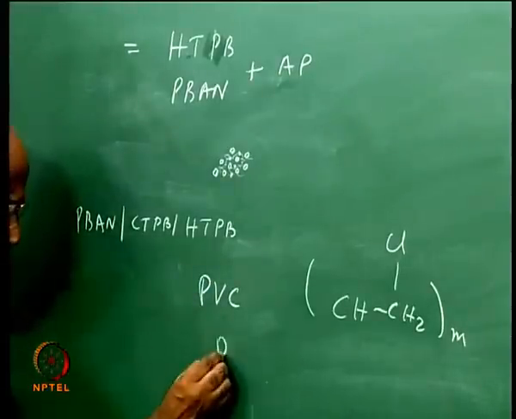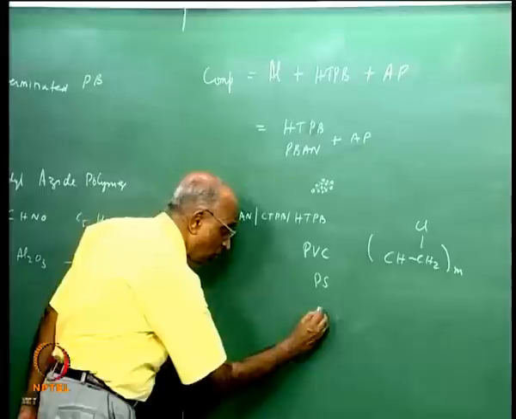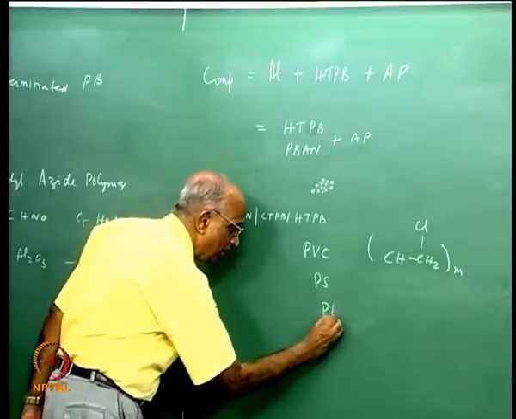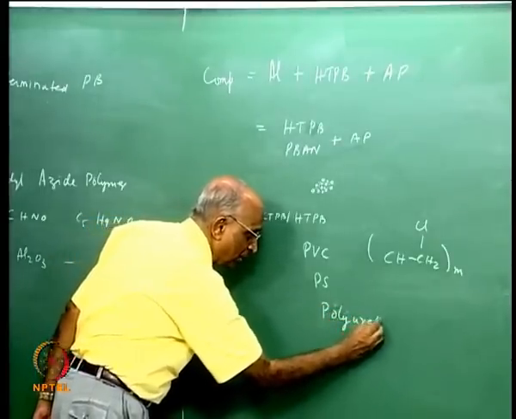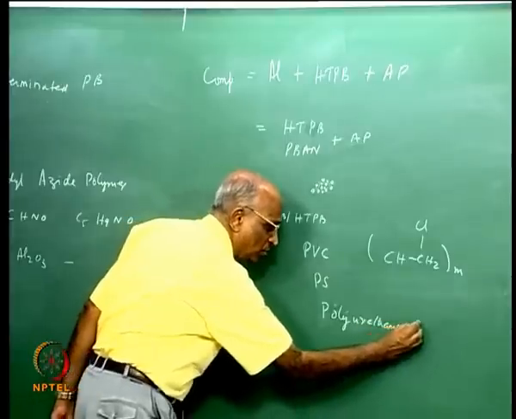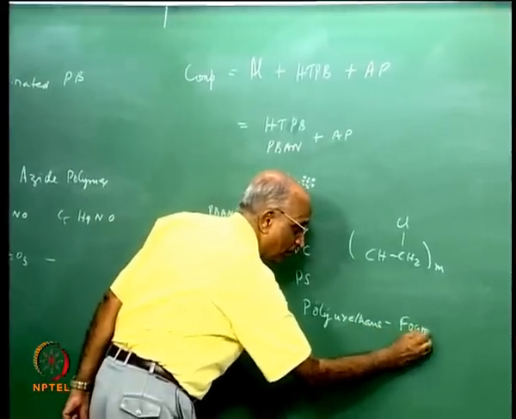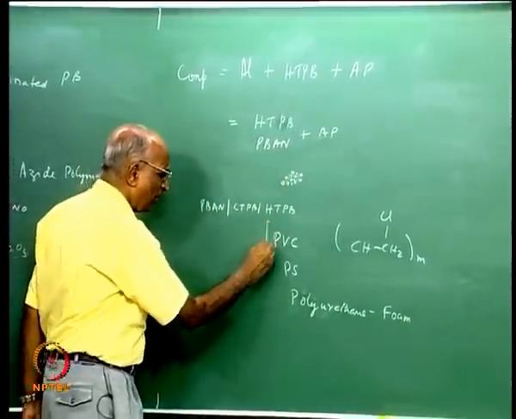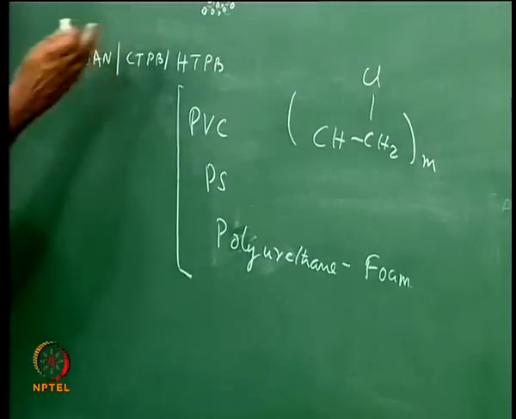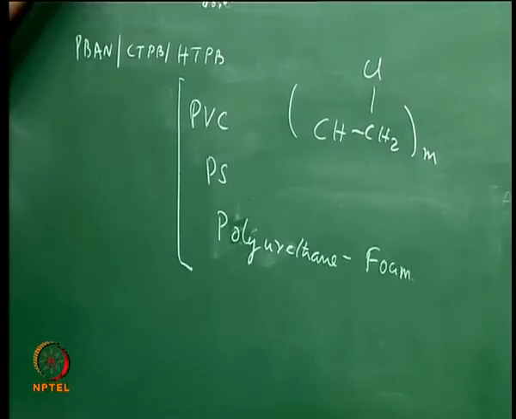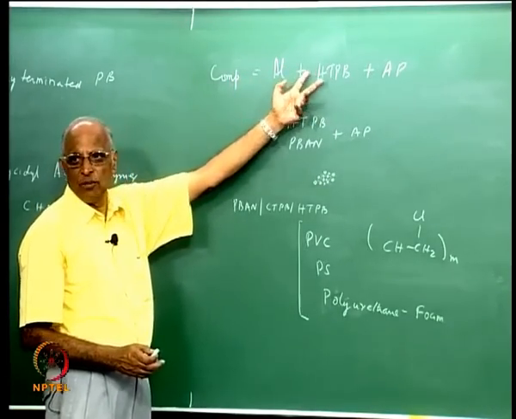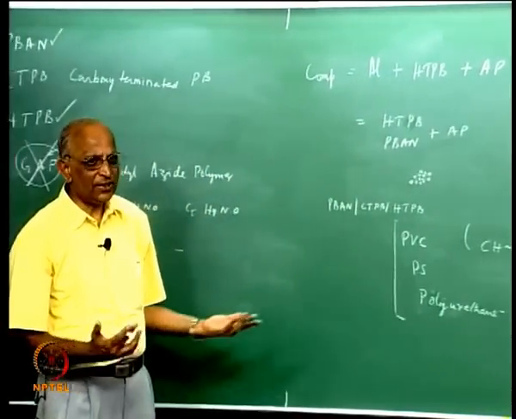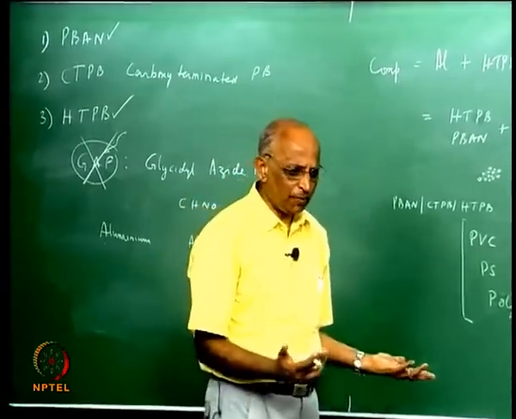People tried polysulfide, people tried foam which is polyurethane, let us write it out, polyurethane, which is just like the foam you use in your mattress. These have been tried, but these are all very low energy fuels, and therefore they are not used anymore, and what is used is essentially HTPB, PBAN, and to a certain extent CTPB, and these are the different types of composite propellants.